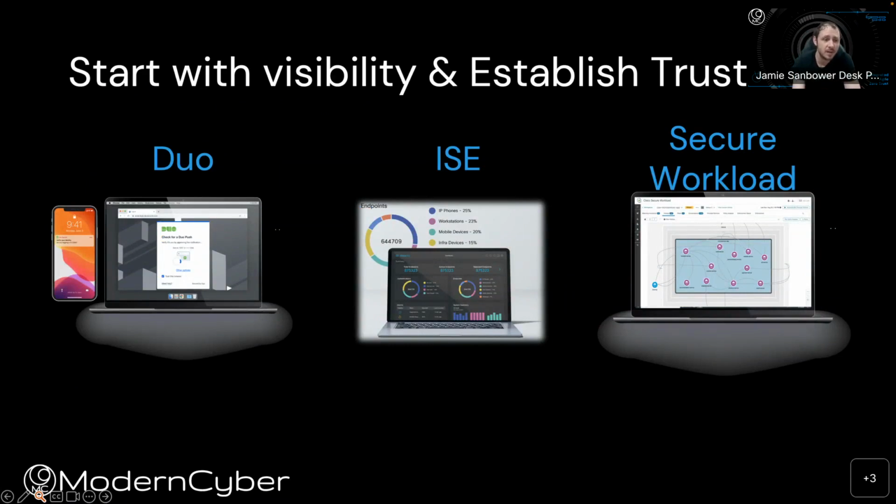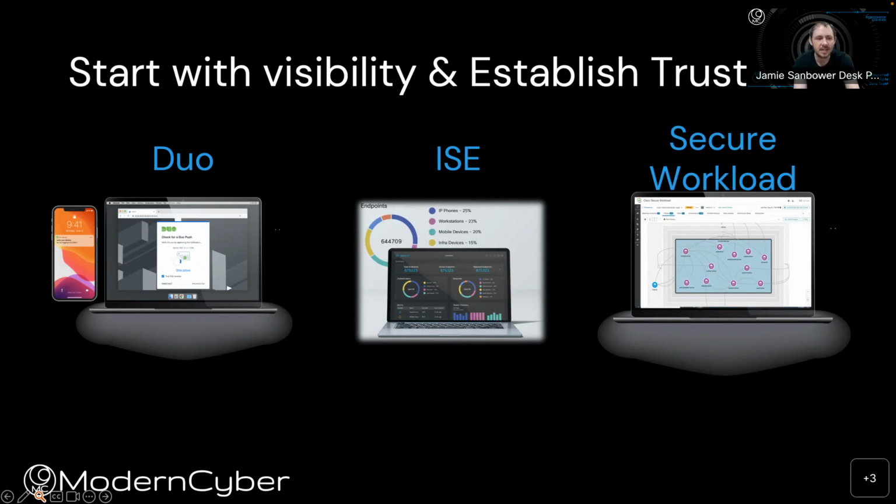This is where Cisco Duo comes in and is able to understand the risk associated with a user authentication, and the device trust associated with that device, whether it's managed or unmanaged, and whether or not it meets a posture baseline before it accesses any applications within the organization.